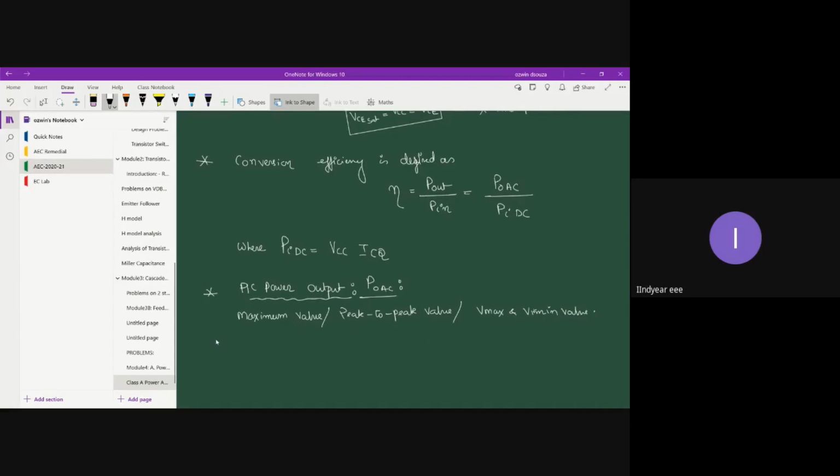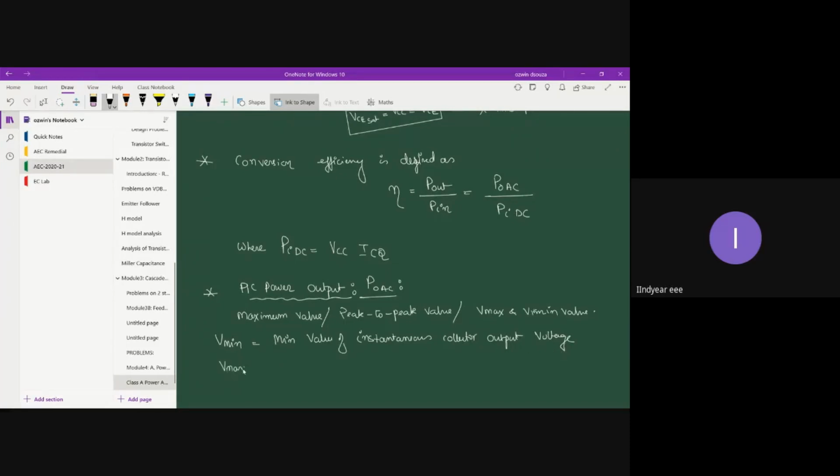So first, let us define the different voltages. Say Vmin is equal to the minimum value of the instantaneous collector output voltage, that is collector to ground, which is nothing but VCE.